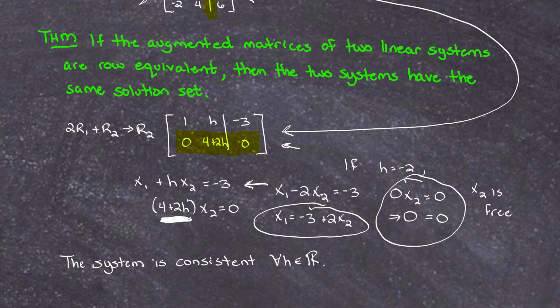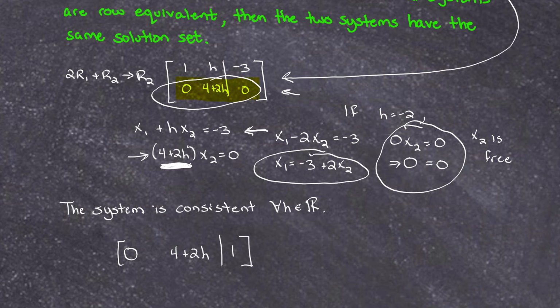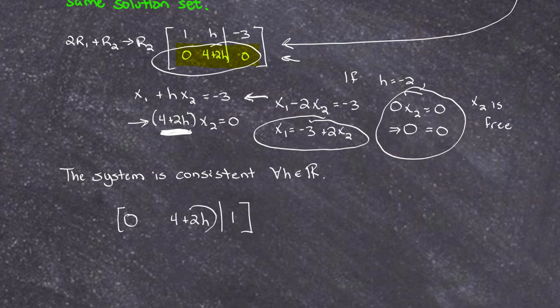Now, the little aside that I wanted to mention here is, if you take a look at that last equation, and in fact, if we just look at this bottom row of the augmented matrix, the only questionable work we would have been faced with is if we had a row 0, 4 plus 2h augmented with something non-zero, let's just say 1. If that were our bottom row, there would be a major issue if this had turned into 0.